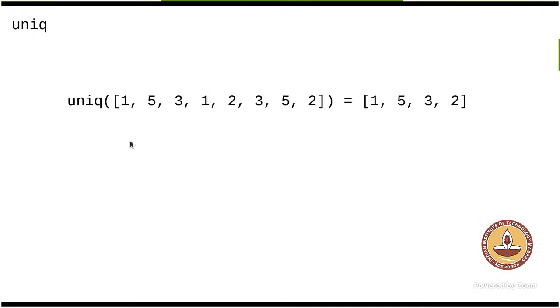Now, with this prompt, can you tell me a different answer to this same procedure? Can you tell me the final list that you will get? See, what else can I do? If I can take the first occurrence of each element, what if I choose the last occurrence of each unique element?